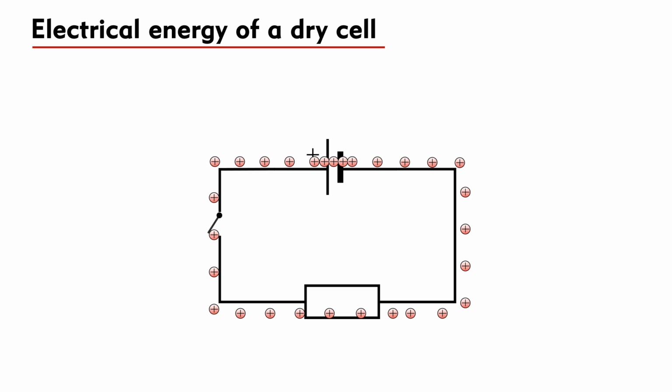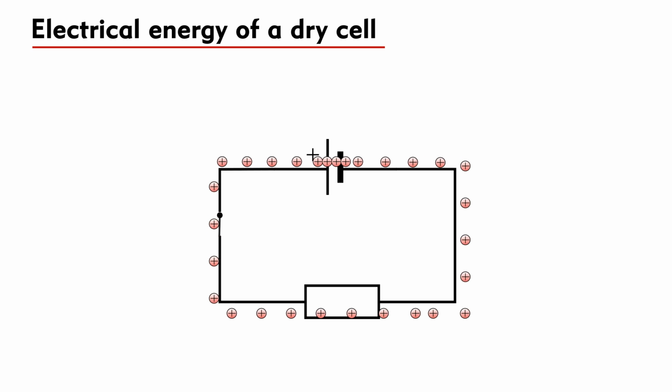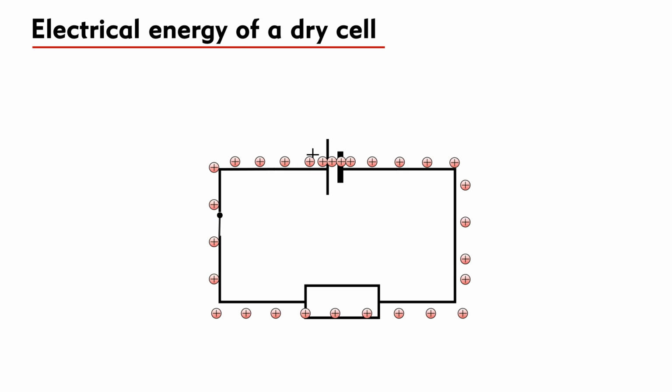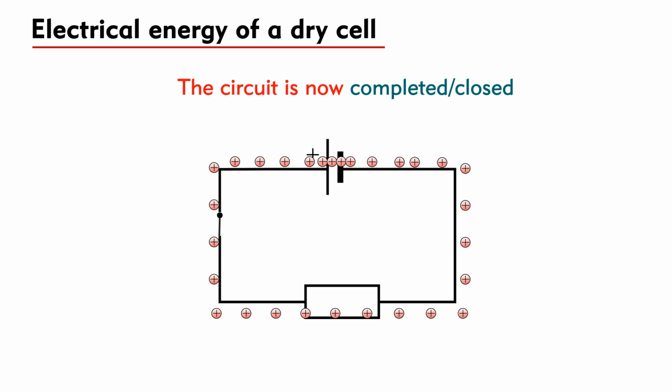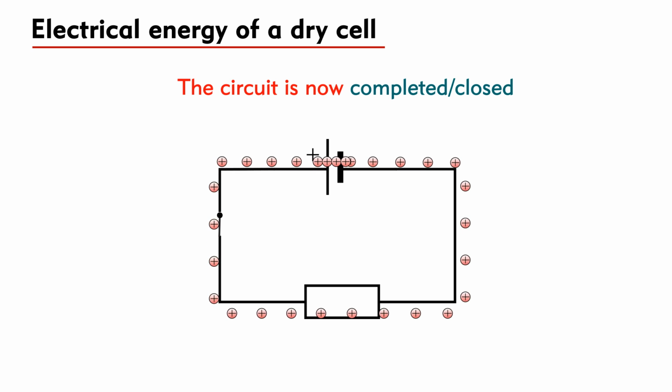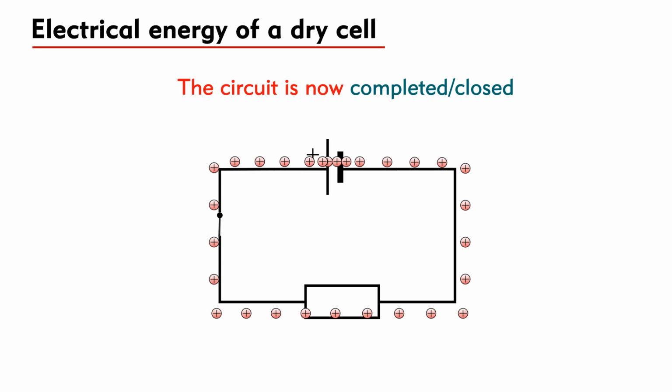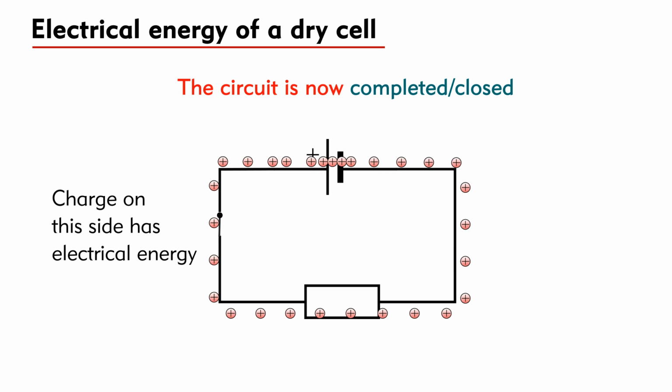How is electrical energy transferred from the power supply to the electrical device? If the switch remains open, energy conversion cannot take place. The energy conversion is only possible when every adjacent point is interconnected. We say that the circuit is completed or a closed circuit is formed. On the left side of the circuit, the charge has more energy than that on the right side.